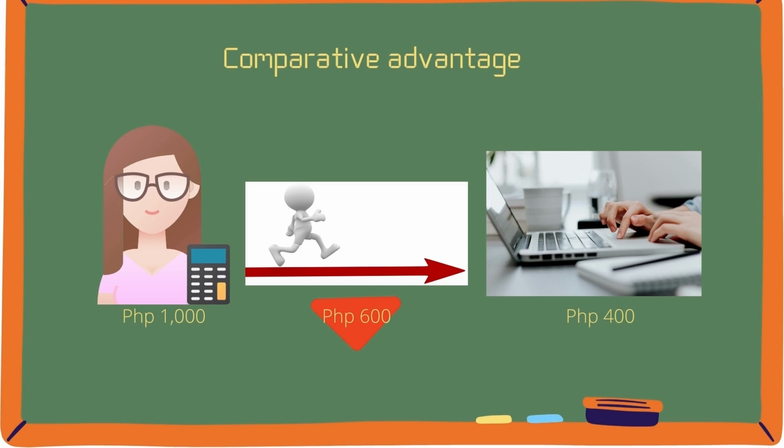By having both Hannah and her assistant concentrate on their respective tasks, their overall productivity as a team is higher, and this is what's called comparative advantage. So a person or a country will specialize in doing what they do relatively better.